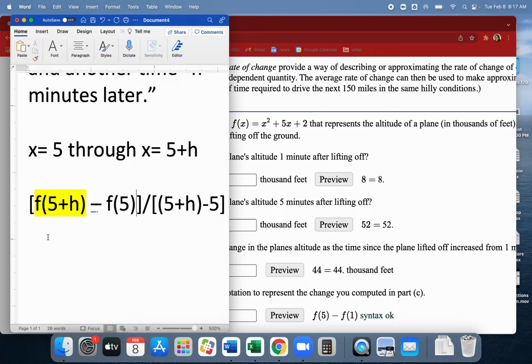Other than that, I'm going to have mystery expression minus 52 all over, in that denominator, 5 plus h minus 5. That's just h, right? So everything except what's in yellow is pretty straightforward. I'm just going to copy this and say I've got something minus 52 over h. And the something is this.